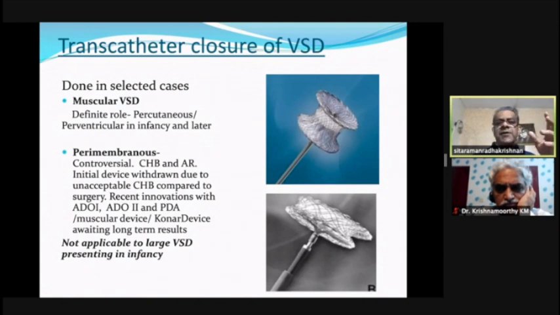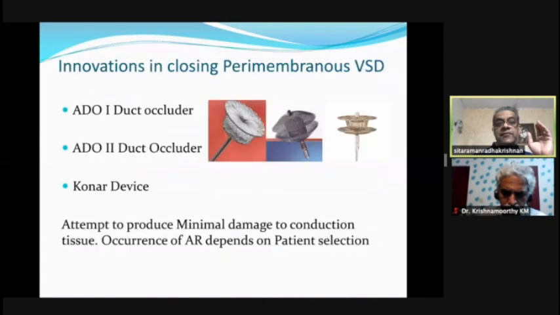It is mainly because these operators have probably seen these dreaded complications of complete heart block, perforation of the aortic valve, that they are very, very hesitant and do not advocate device closures of perimembranous ventricular septal defect.